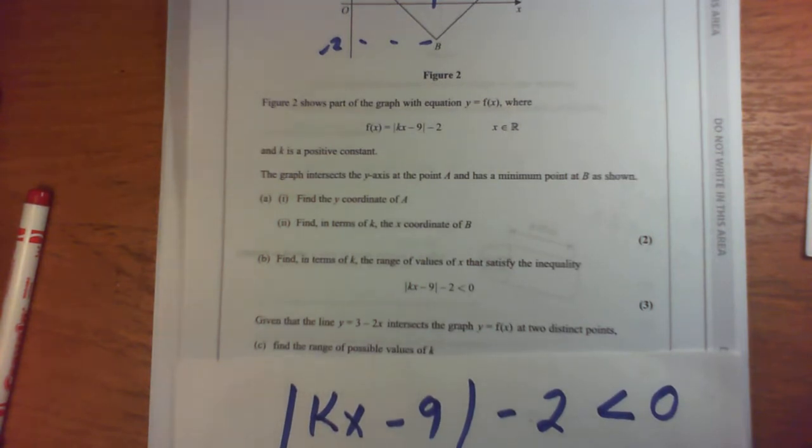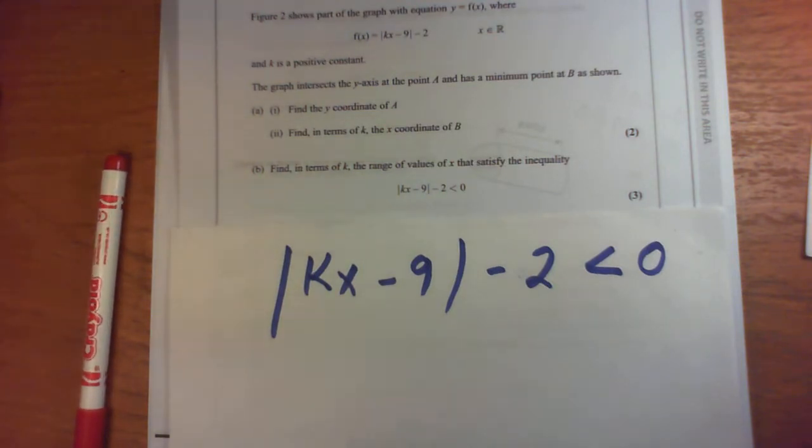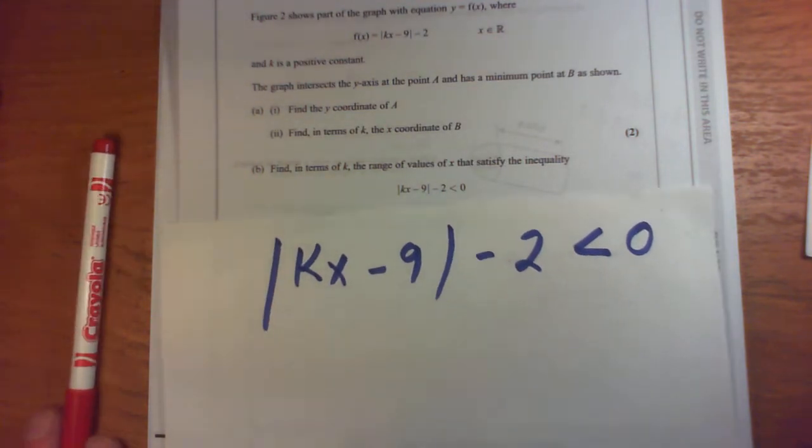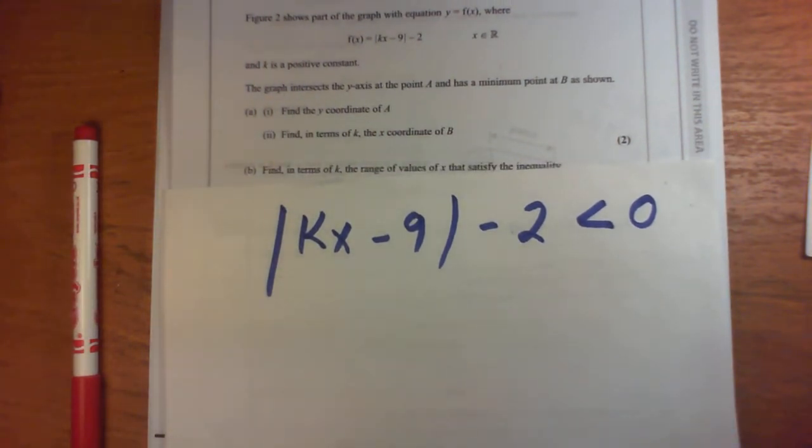Find the range of values that satisfy the inequality. Yeah, there is an elegant mathematical way of handling these magnitude questions, which, although it's mathematically elegant, is probably not the best way to do it.